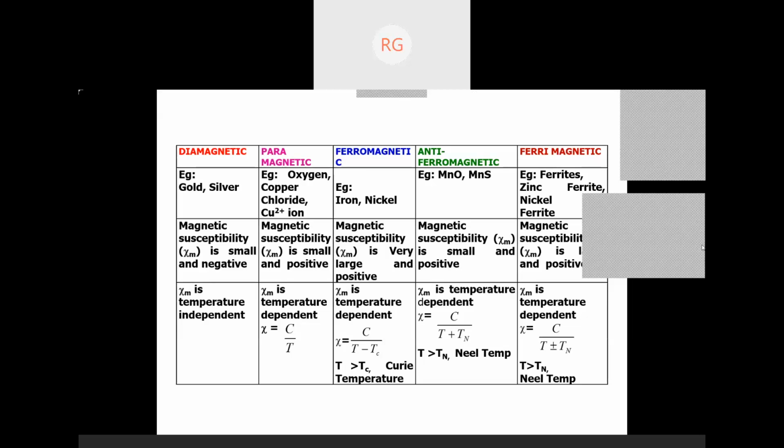And ferromagnetic, there are many: iron, nickel, cobalt, all these are ferromagnetic substances. And antiferromagnetic materials, manganese oxide, manganese sulfide, etc., are antiferromagnetic. And ferrimagnetic materials, which are generally used in antennas, are called ferrites. We have zinc ferrite, nickel ferrite, and many other ferrites. We will discuss them while discussing ferrimagnetic materials.